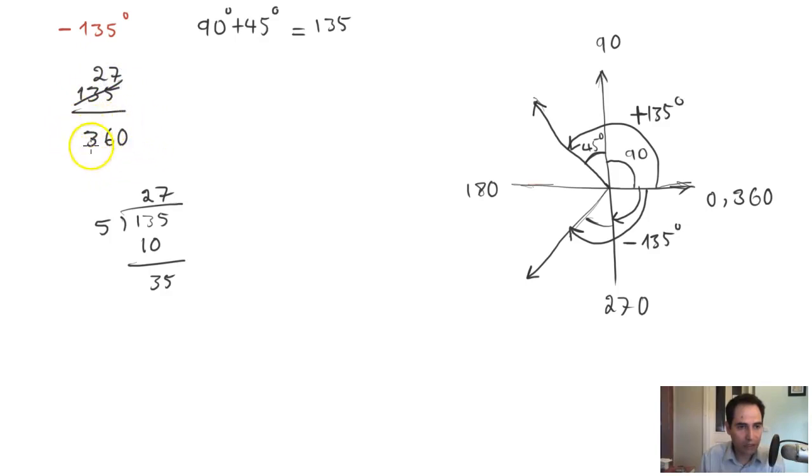And if you divide 360 by 5, 5 into 8 is 40, 5 into 7 is 35, and here you get a 10, basically 2 into 5 is equal to 10. So it's 72.